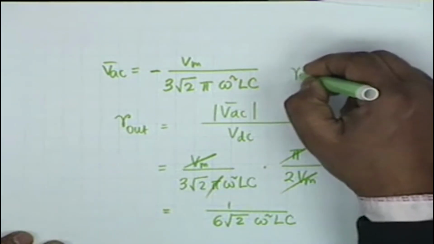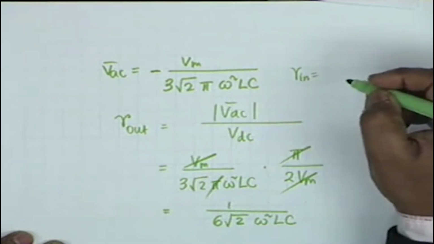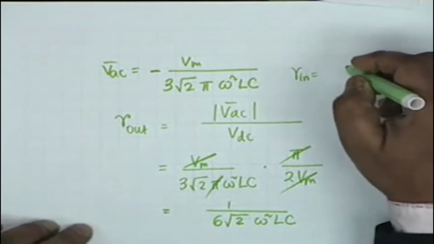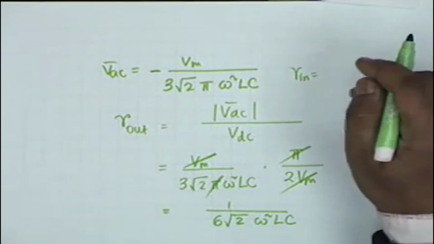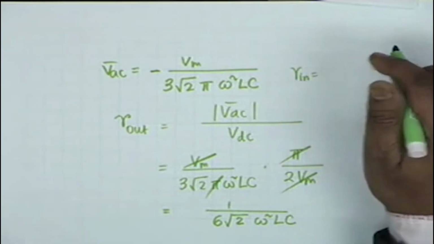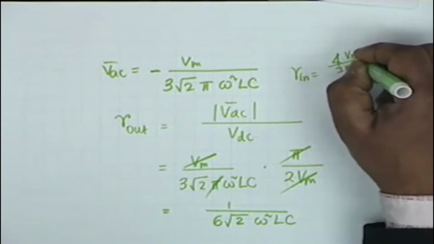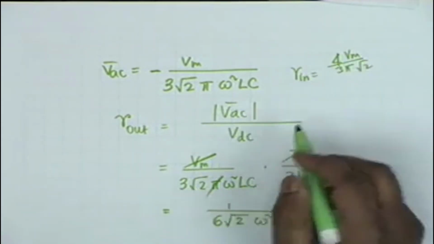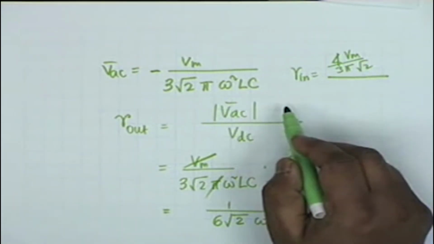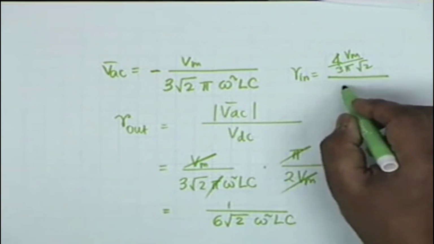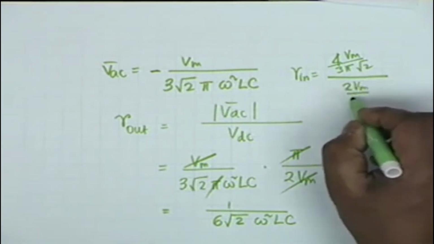What is the ripple factor at the input? If you recall, 4 Vm divided by 3 pi root 2, this is the VAC, divided by twice Vm divided by pi.